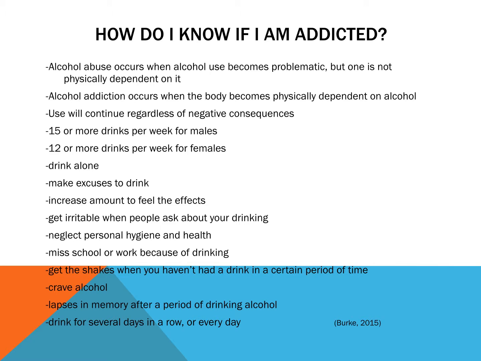Drinking alone or making excuses to drink. Having an increasing tolerance to alcohol. Getting annoyed when people inquire about your drinking habits. Neglecting your personal health and hygiene. Missing school or work due to drinking. Getting the shakes or nauseous when you haven't had a drink. Having cravings for alcohol. Experiencing blackouts or a lapse in memory after a period of drinking, or drinking for several days in a row or every day.